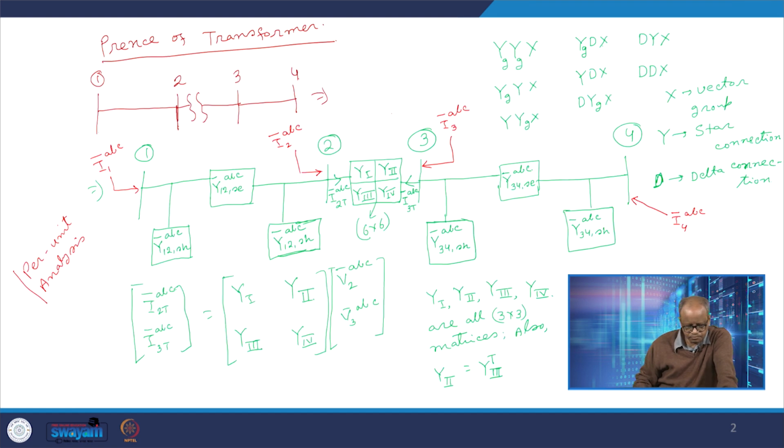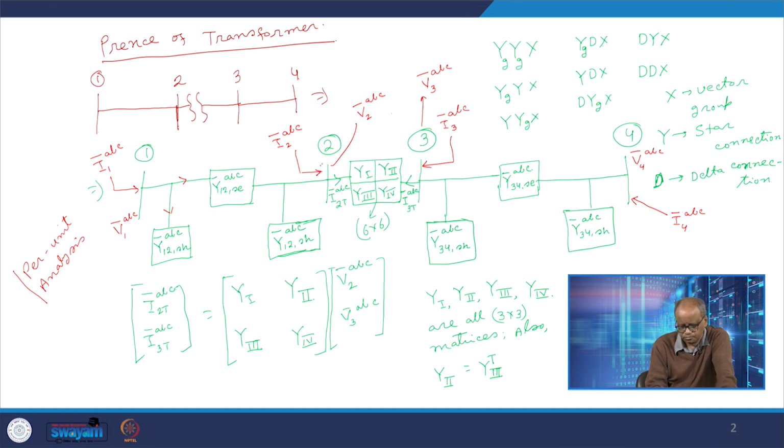Essentially, this injected current would be equal to this current plus this current. This current is given by Y12 shunt ABC into V1 ABC. Please note that this voltage is V1 ABC, this voltage is V2 ABC, this voltage is V3 ABC, and this voltage is V4 ABC. Right. So, this is the current at bus 1.